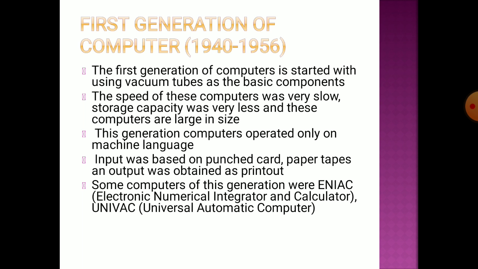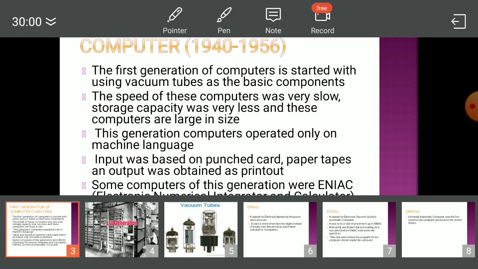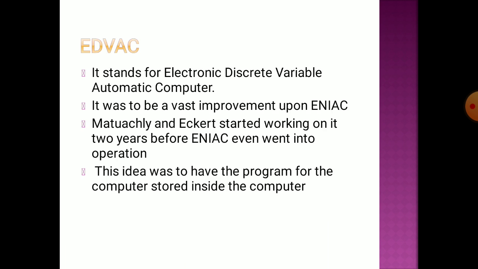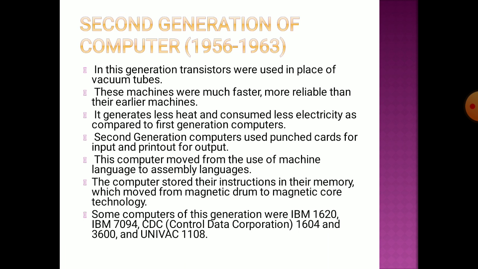Rather than using vacuum tubes, we started to use transistors. So the next era started from the year 1956, that is your second generation of the computer, which ran from 1956 to 1963, where transistors were used in place of vacuum tubes.